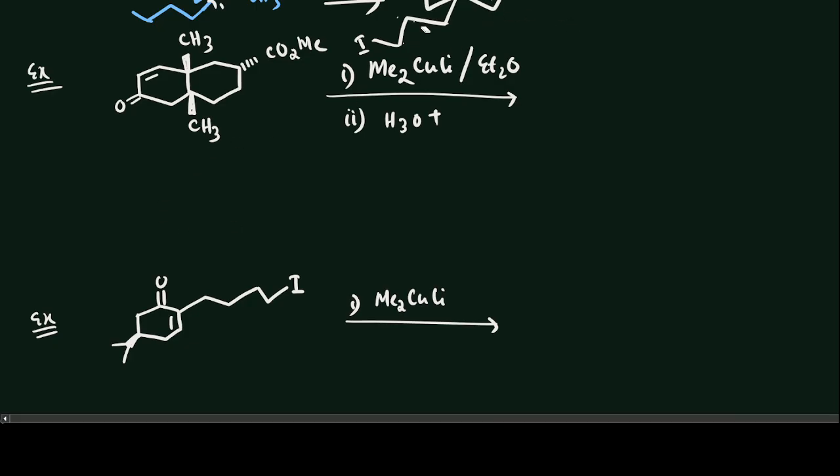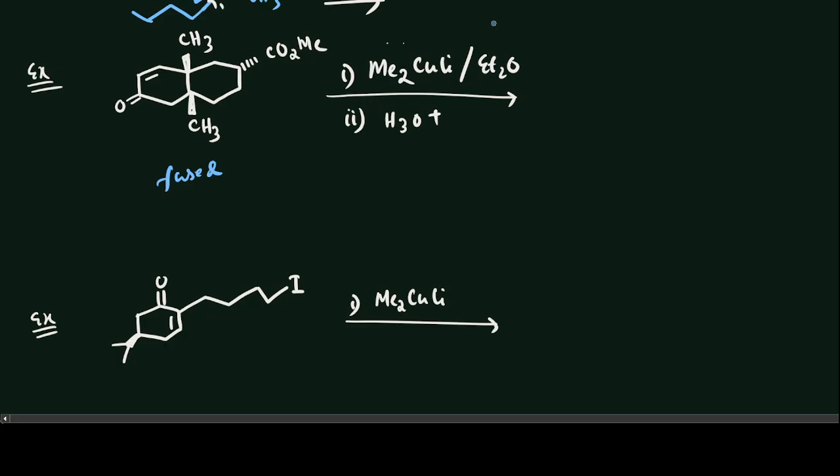Okay, for this question, again the same type is asked here. Now this is already a fused system. So now what you see is that we have to attack here. This is for organolithiums, sorry, Gilman reagents. What type of reagent is there?